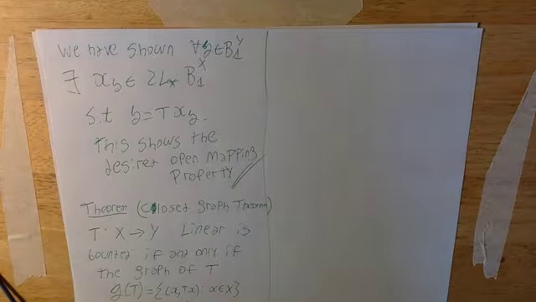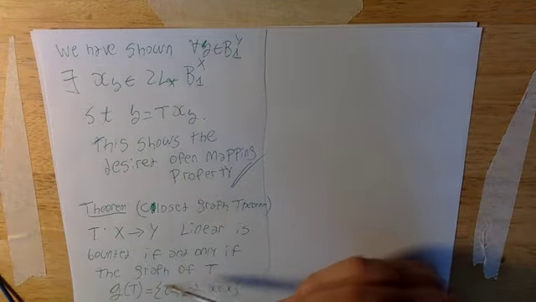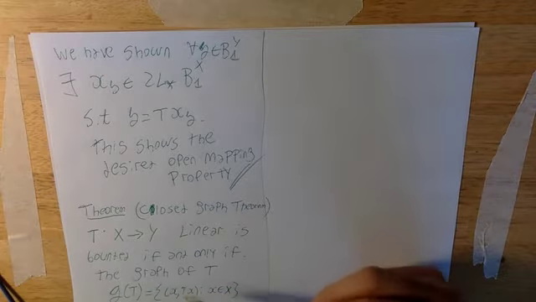So a linear mapping is bounded if and only if the graph of T, G of T, is closed.